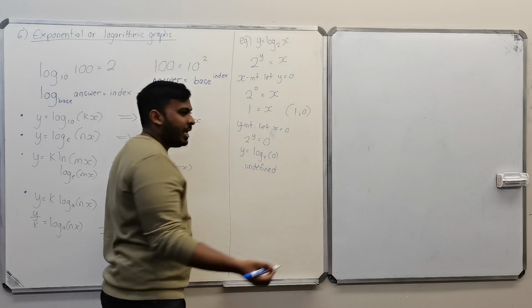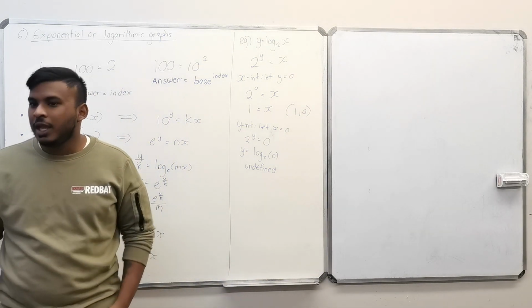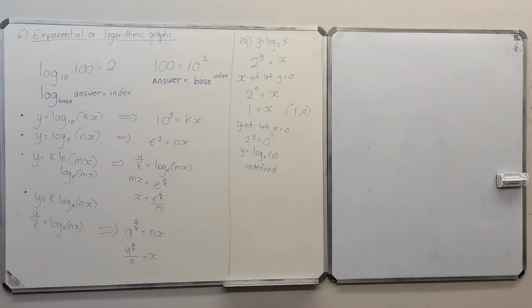Okay? Now based on logarithmic graphs, what I showed you before, if you go back again to page 136, you see where it shows you the graph cuts it at 1 along the x. Ignore the y-axis part, just the x-axis part.